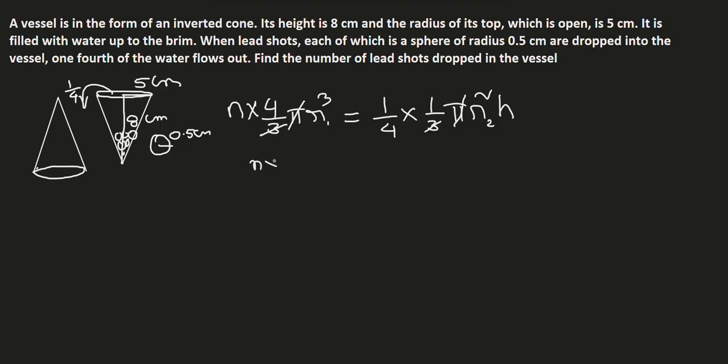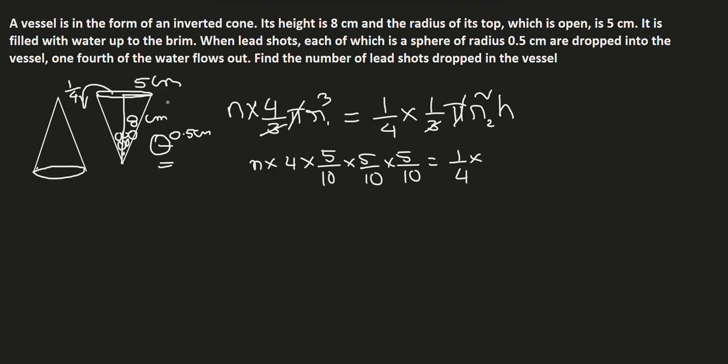Now, n into 4 into what is r? You should be conscious. This 4/3 pi r cube is the formula for this one. Therefore, you have to write r. This one, 0.5, means 5/10. R cube means 3 times 5/10. 5/10 is equal to 1/4 into what is r2?